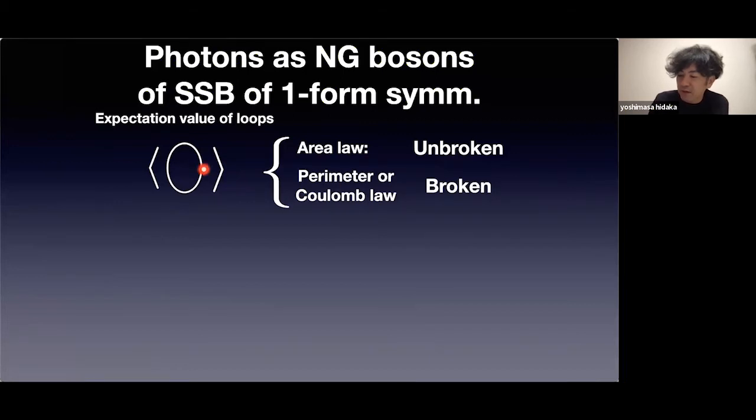And if it behaves like the perimeter law or Coulomb law, that corresponds to the broken phase. So this is a kind of generalization of symmetry breaking. In U(1) gauge theory in 3+1 dimensions, the expectation value of the Wilson loop behaves like the Coulomb law, so that corresponds to the broken U(1) symmetries.